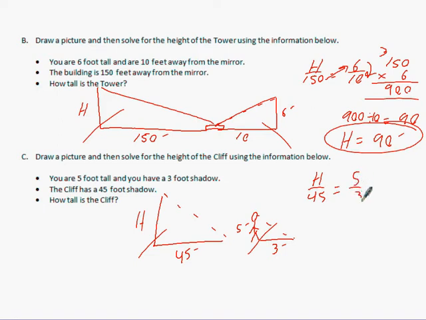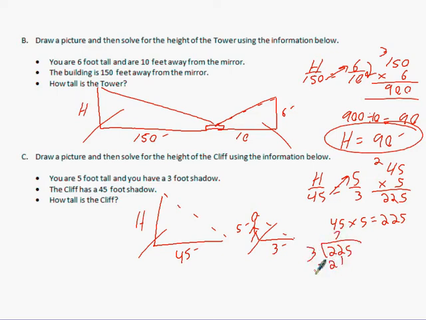Cross multiply. 45 times 5 equals, well, I gotta set it up this way. 5 times 5 is 25, 5 times 4 is 20, plus 2 is 22. 225. 225 divided by 3. 3 goes into 22 7 times, which is 21. Bring down the 5. 3 goes into 15 5 times, 15, no remainder. The height of the cliff this time is 75 feet.